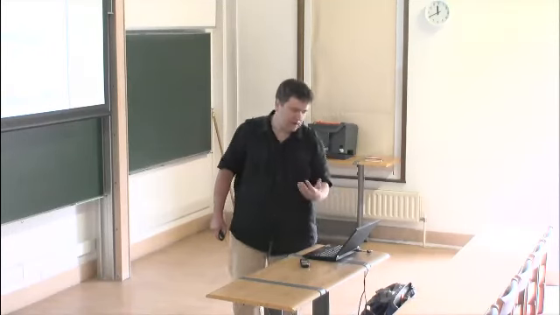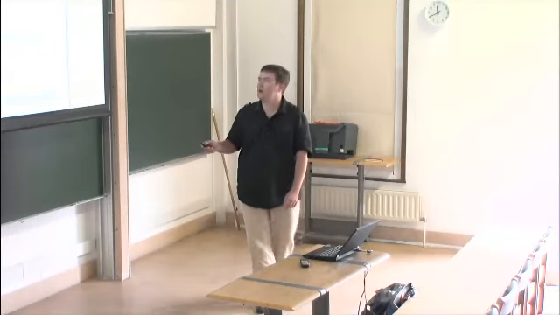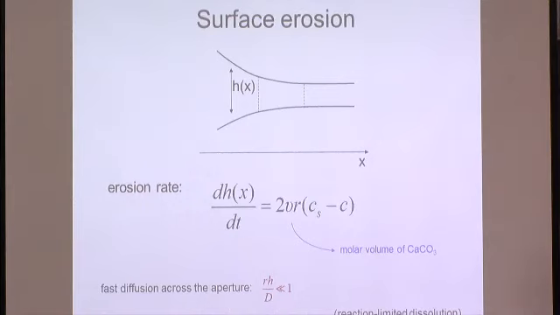Now, when you have this, then you can also calculate the erosion rate, or the rate with which the fracture walls retreat, the rate of geometry change in a given place, which is just proportional to this dissolution current, with just an extra constant which recalculates the number of moles dissolved into the actual volume dissolved.